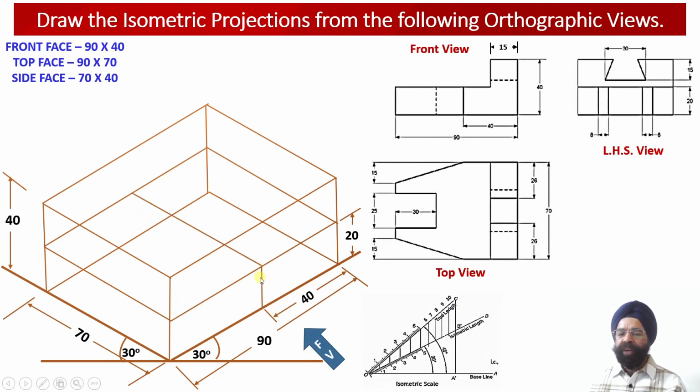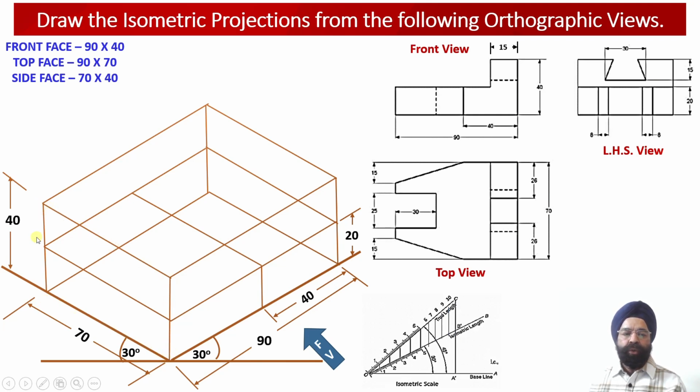Now this isometric projector line we have drawn parallel to the y-axis, and the height of this edge is equal to 20 millimeter. And then we have drawn a horizontal projector line over here such that this portion of the bottom web will be straight one. And now we know that there will be two inclined faces over here. So now we have to project these distances over here into the front face of this particular isometric projection construction.